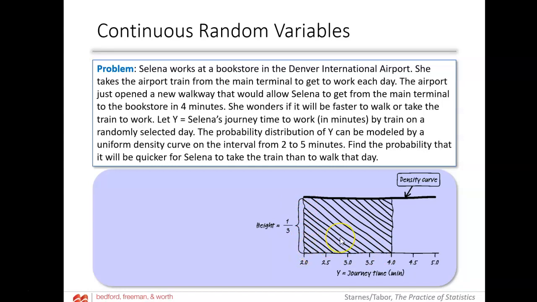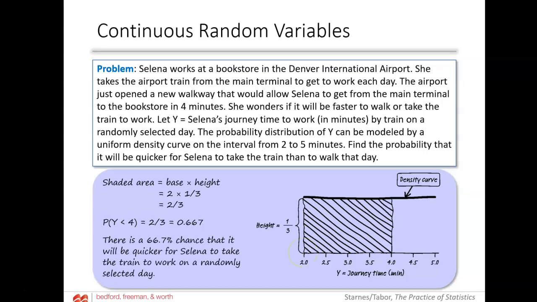So we would multiply those together and we'd get 2/3. So the probability, 2/3 by the way, we know is 66.7% when we round. The reason we stopped this at 4 is because before 4 is going to be the probability that it was quicker than the walk, right? That was the whole question, quicker than the train.